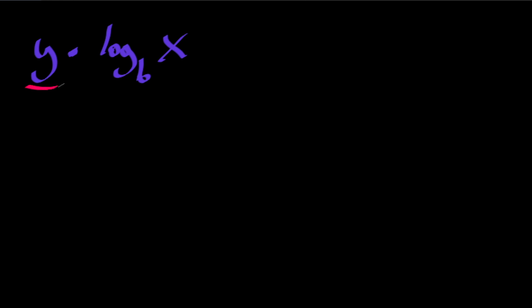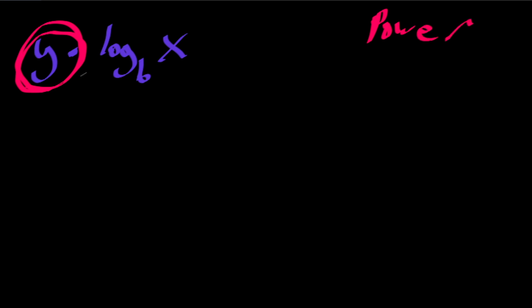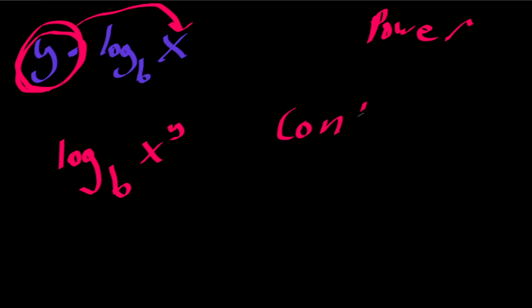We have a number multiplied in front of our logarithm. Now this is the power property or power rule. Essentially, what we can do with this y is that we can make it the exponent for this x. So this could expand out, or I guess condense down, and be log base b of x to the y, which I know seems a little weird with letters, but that's the actual definition or the property for condensing.